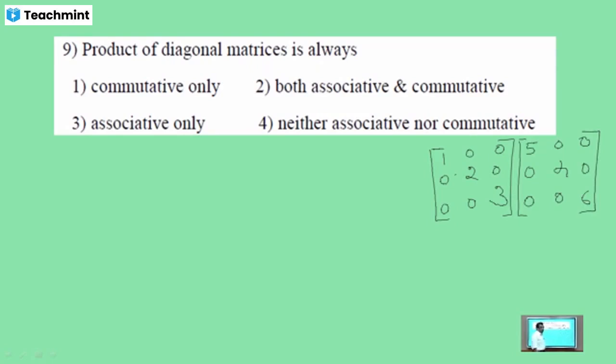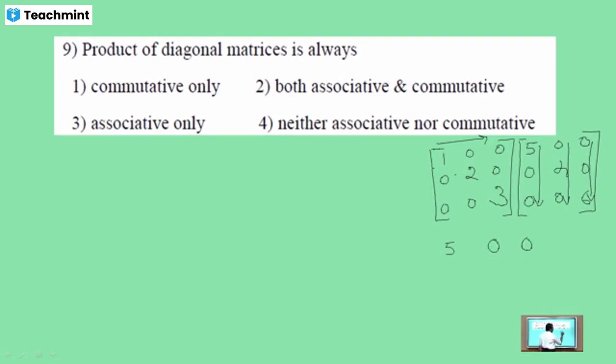Multiplication rule ಏನು ಹೇಳುತ್ತೆ, I have to multiply the first row with the first column so as to get the first element. So it is 1 into 5 equal to 5. Other two elements are 0. When I multiply the first row with the second column, we are getting 0. When I multiply the first row with the third column, we are getting 0. So I am getting 5 0 0.